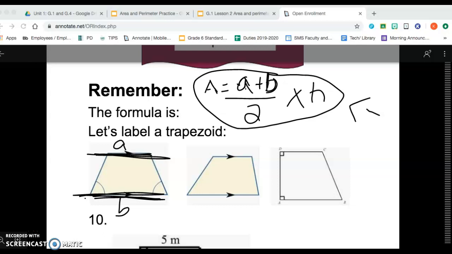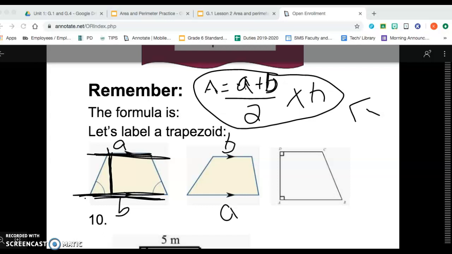But what does matter is the height. The height, remember, always has to be straight up and down from the base. The height for this one, they don't have it labeled, but it would be something like that. Again, the second trapezoid, these are your bases. I'm going to label this one B and this one A because it doesn't matter, since we are adding them.